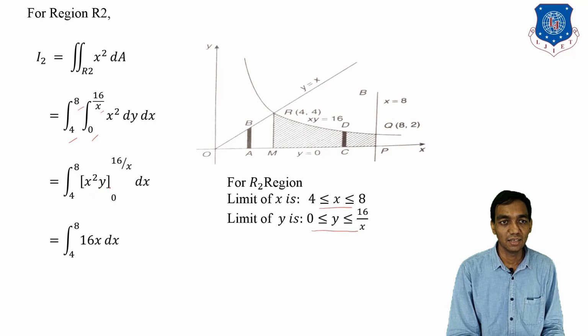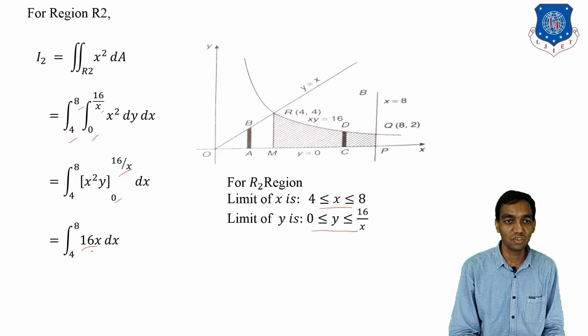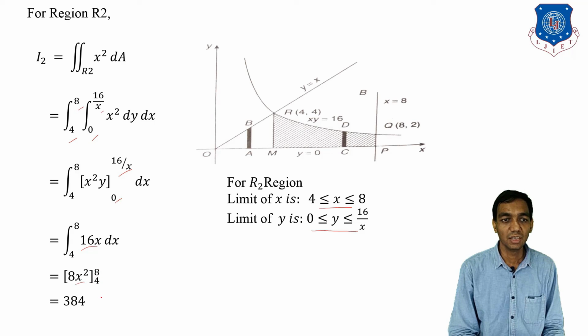So x square into y is the integration of x square. And if you substitute the limit from 0 to 16 by x, then you will get the answer 16x. Integrating this term with respect to x will give 8x square, and the limit is from 4 to 8. If you substitute the upper limit and lower limit, then you will get the answer 384.